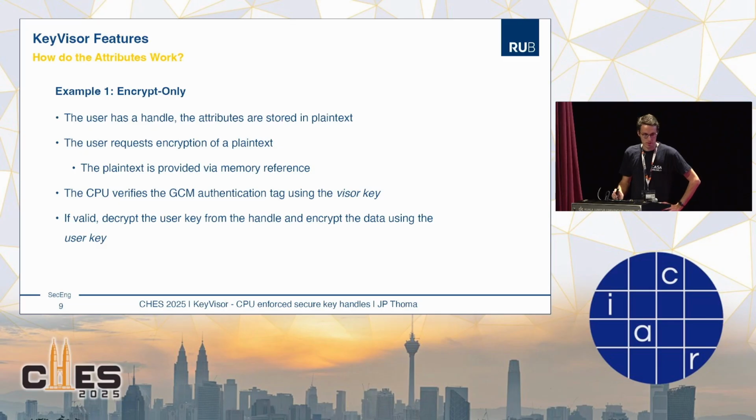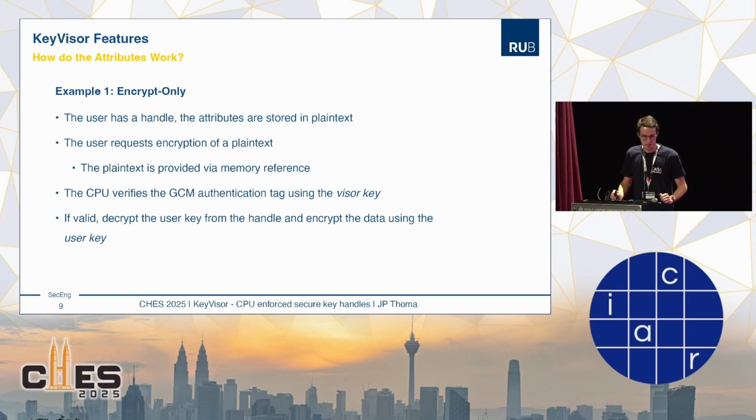So then the user goes ahead and uses a special instruction to request the encryption of a plain text, and the plain text is provided as a memory reference. So you say, encrypt the data that is stored at address X, and it has a length Y. So this way you can basically provide arbitrary length plain text.